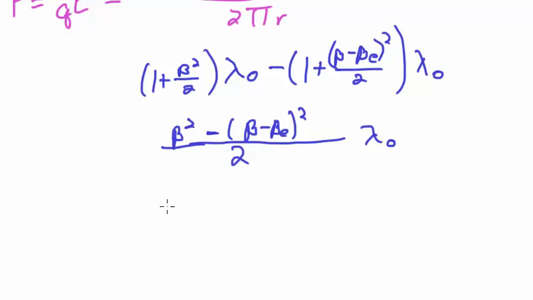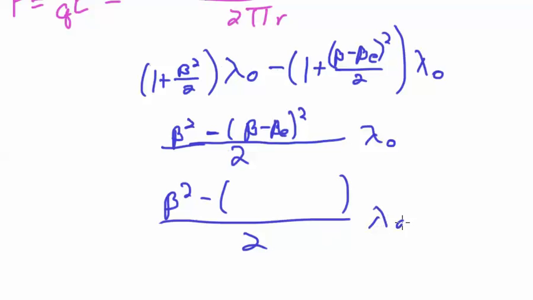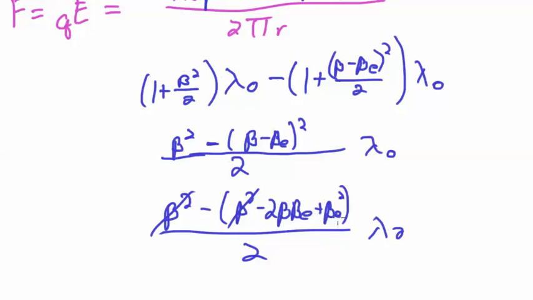So now I'll just expand out this part, which is beta squared minus 2 beta beta sub e plus beta sub e squared. The beta squared minus beta squared cancels. The beta sub e squared, you'll find that the drift velocity of electrons in the system is extremely small.